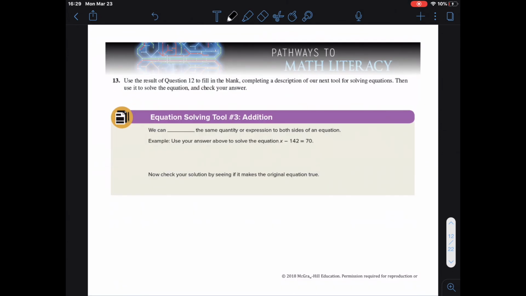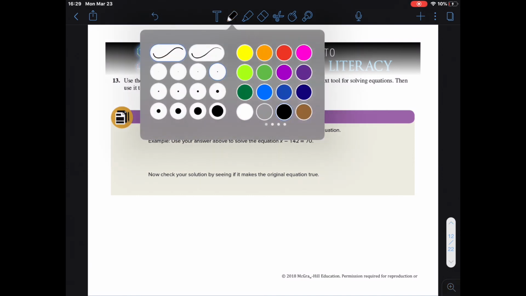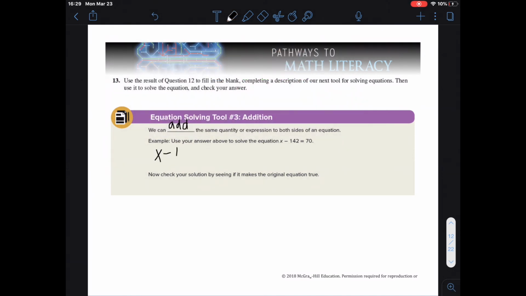So that is our next tool. We can add something to both sides of the expression, but it has to be exactly the same thing. So we can add the same quantity to both sides of an equation. So if we look at this example, x minus 142 equals 70, let's go ahead and add 142 to both sides.